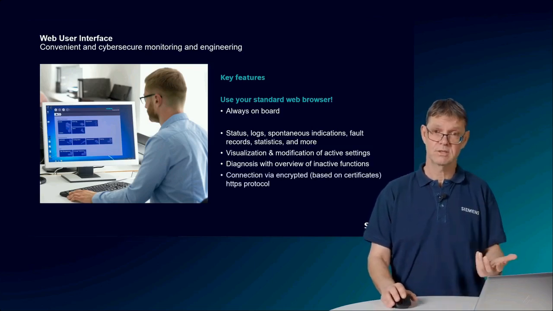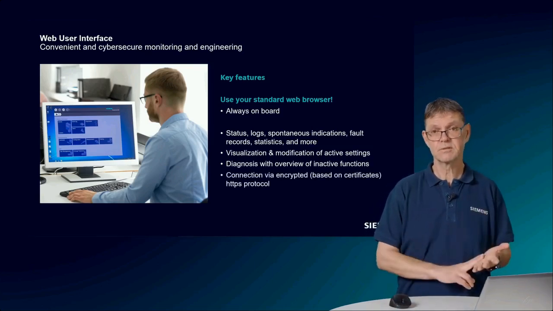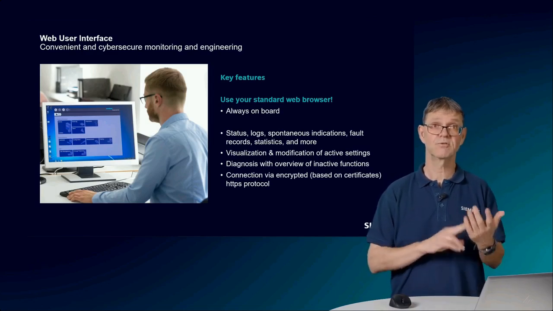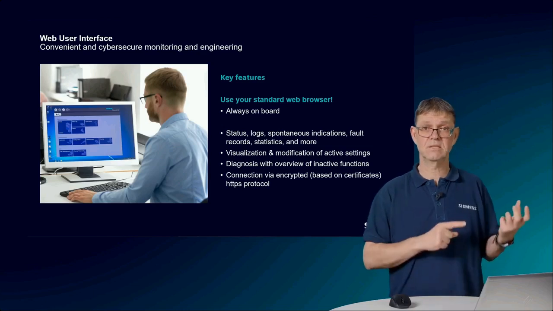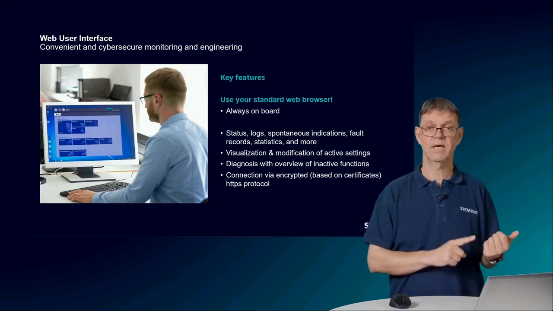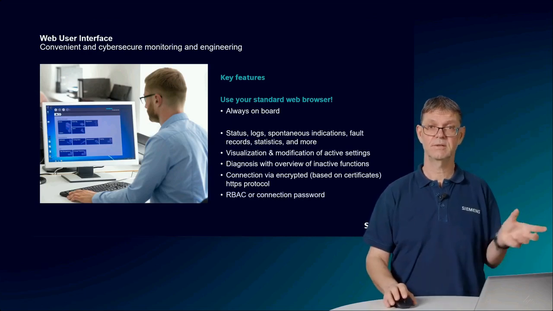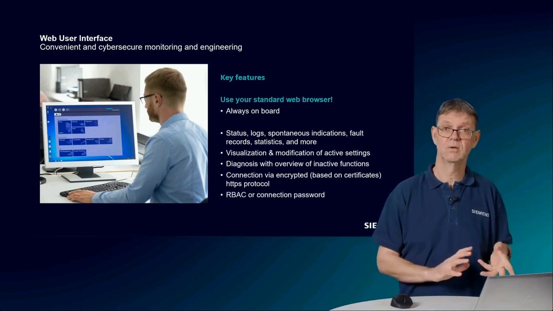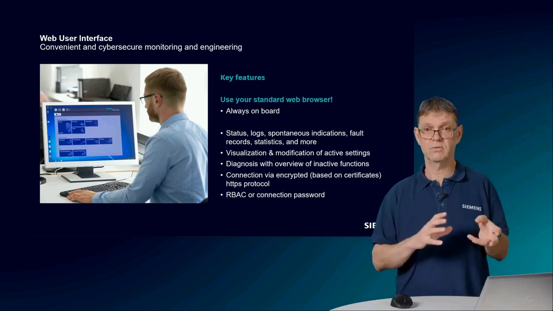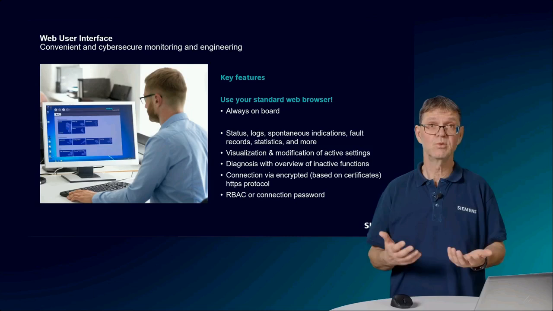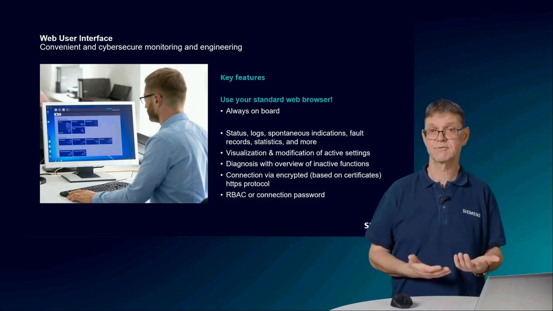The connection is via an encrypted way based on certificates, on the certificate that is in the relay. It's an HTTPS protocol, and you can use either a connection password or even role-based access control principle as we can use it in the DIGSI 5.